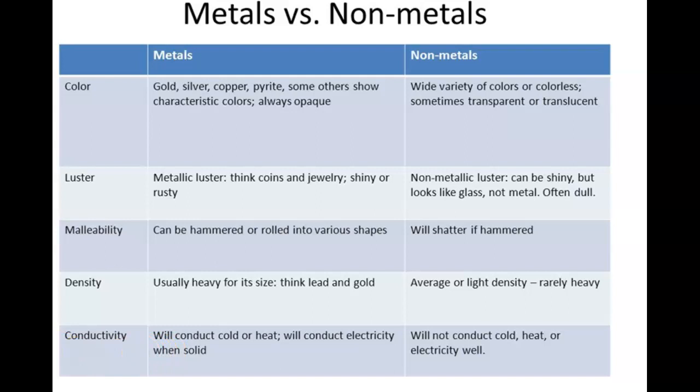And if we compare the density of metals and non-metals, we can say that usually metals are heavier than non-metals. Their density is bigger than the density of non-metals.